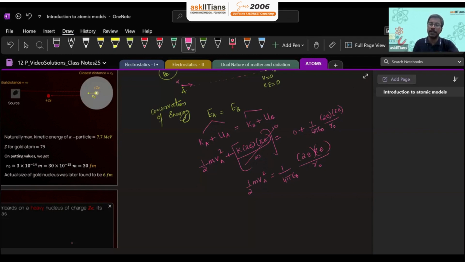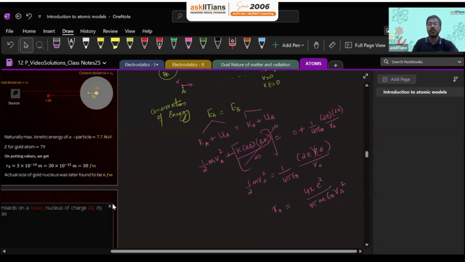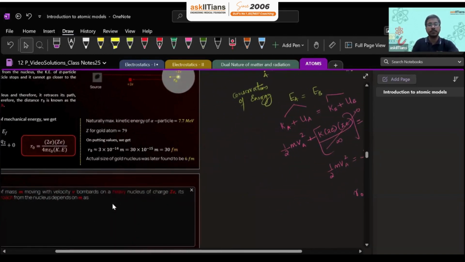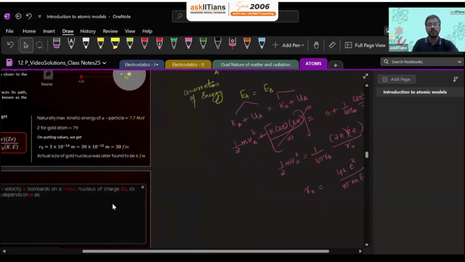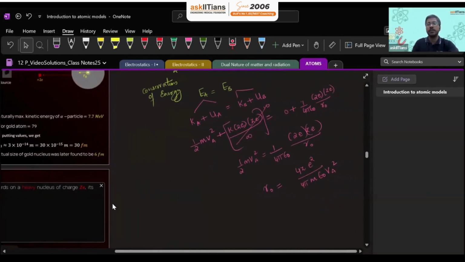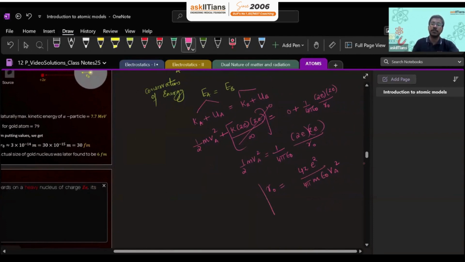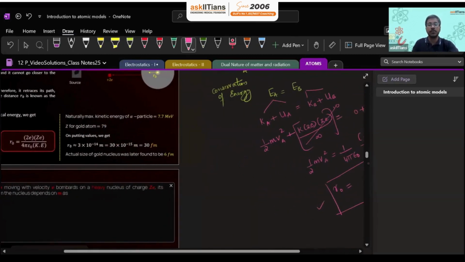So from this, I can write R naught is equal to, taking R naught to the other side, 4 times Z times E square by 4 pi M epsilon naught VA square. Okay, so we can reach this expression here. This is the expression for the distance of closest approach.